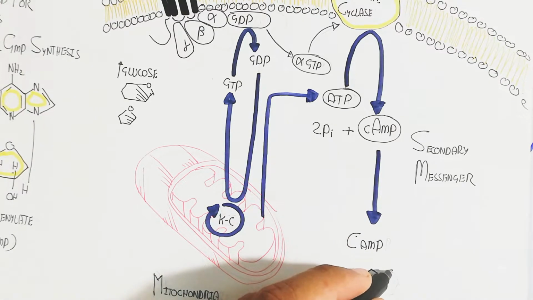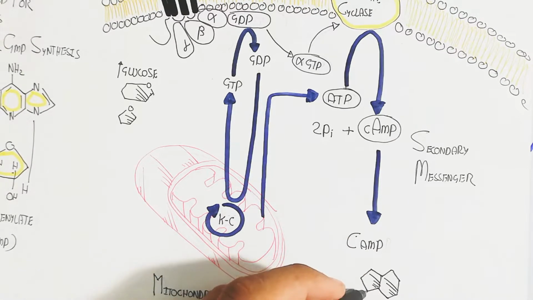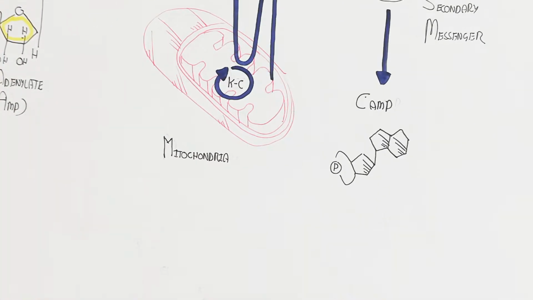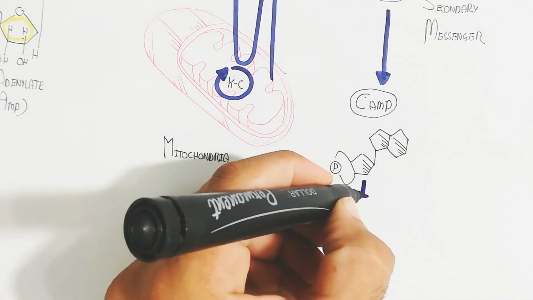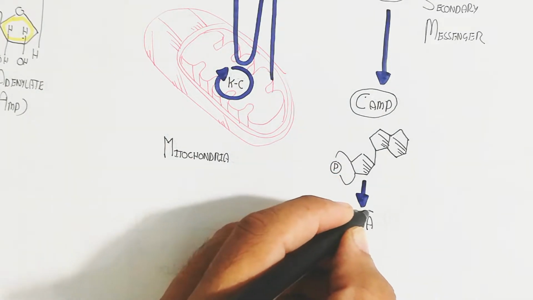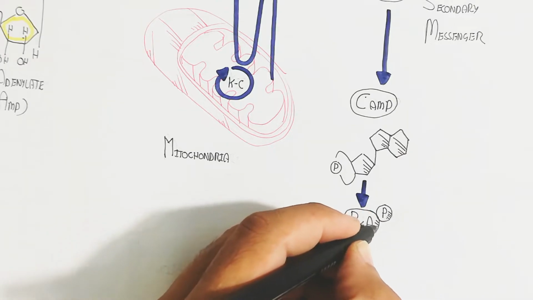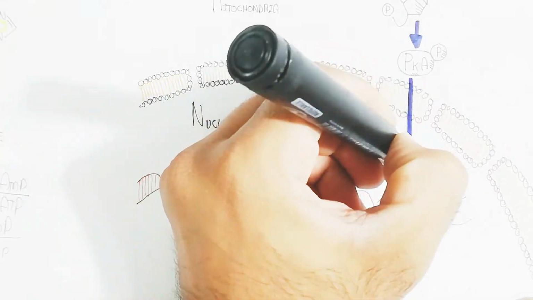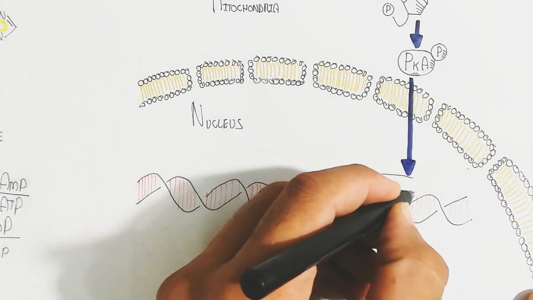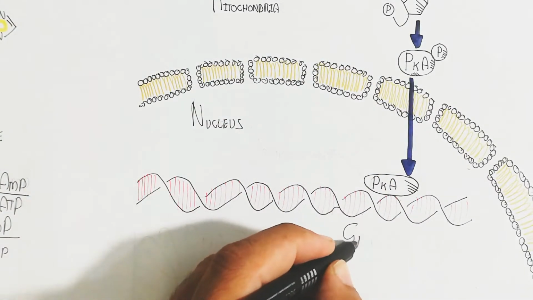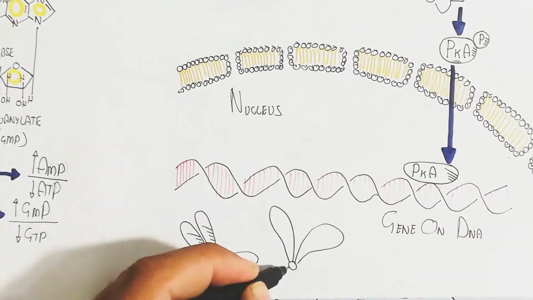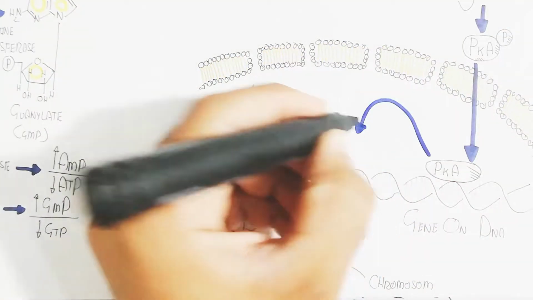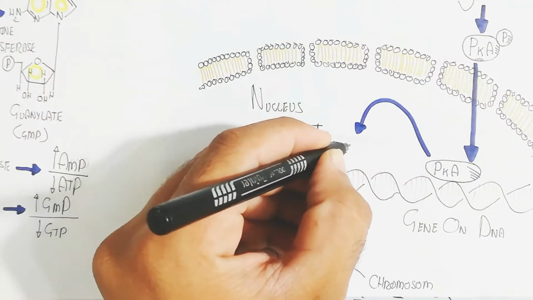The cascade of phosphorylations triggers the DNA, which transcribes the gene into messenger RNA. The messenger RNA then goes out from the nuclear pore into the cytoplasm for synthesis of the protein, and this protein is the response.